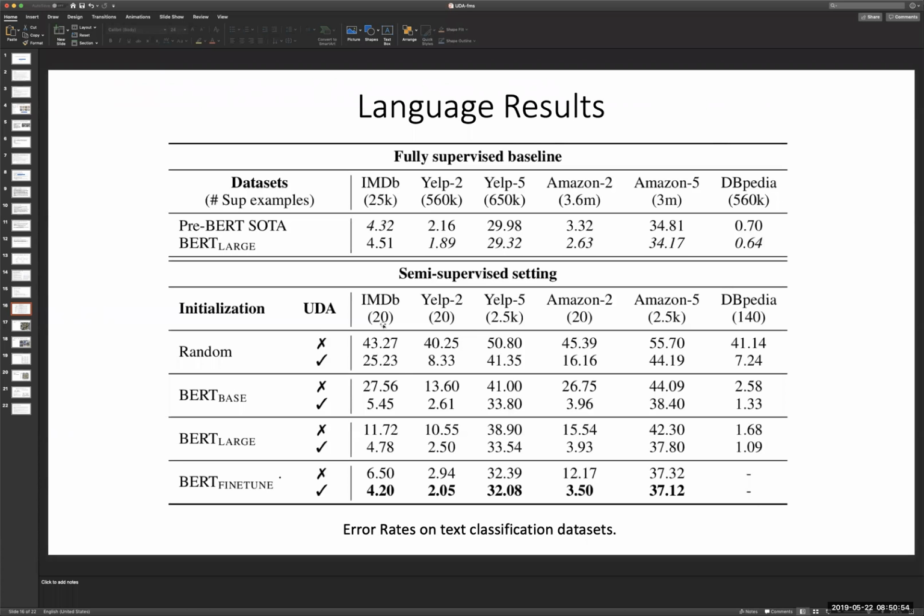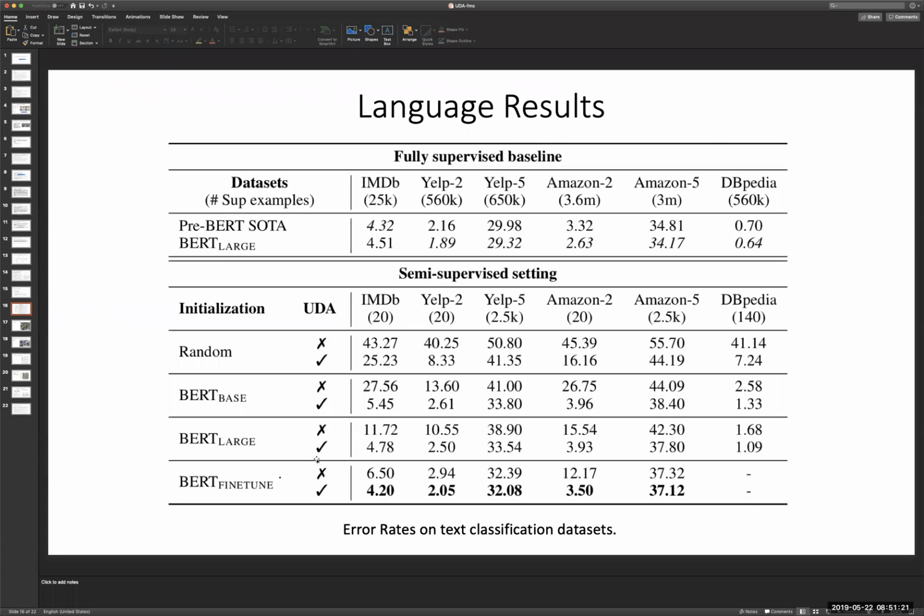So we can see that it starts out pretty bad, 43% error. But with UDA, we can lower that significantly. With BERT base, we start out at 27.5 because we're only using 20 labeled examples.